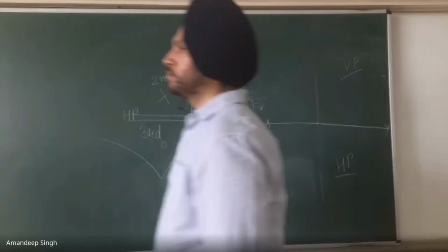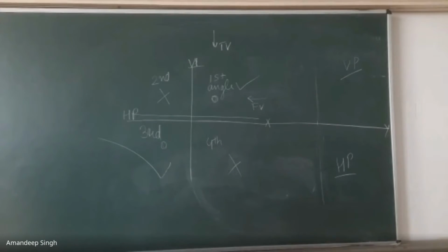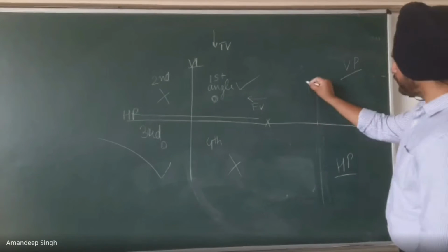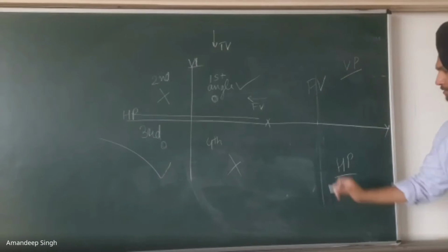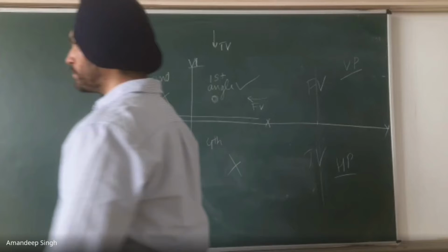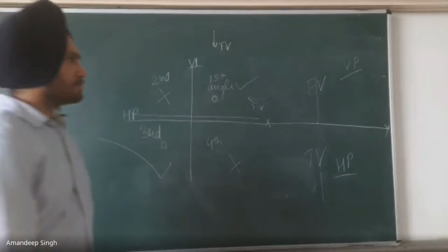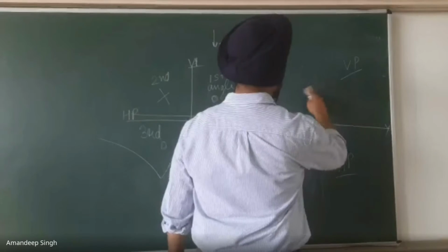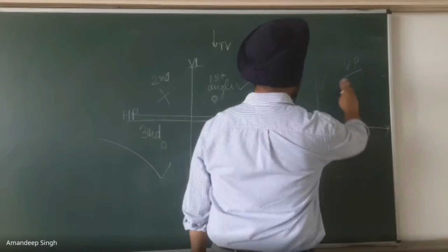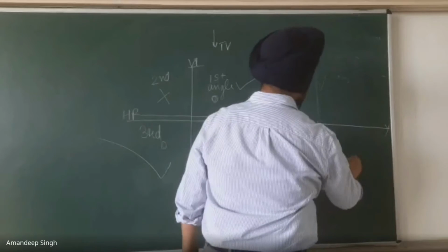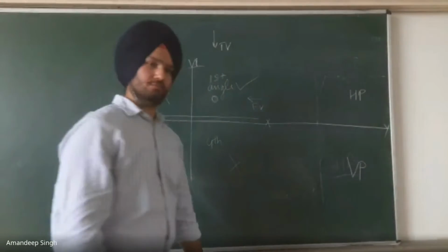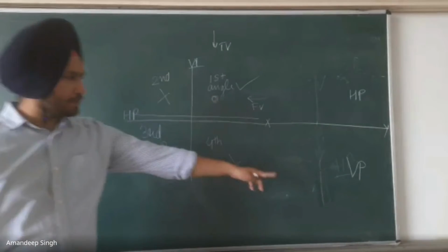So for first angle projections, on the vertical plane comes the front view. On the horizontal plane comes the top view. For third angle projections, this is VP and HP.